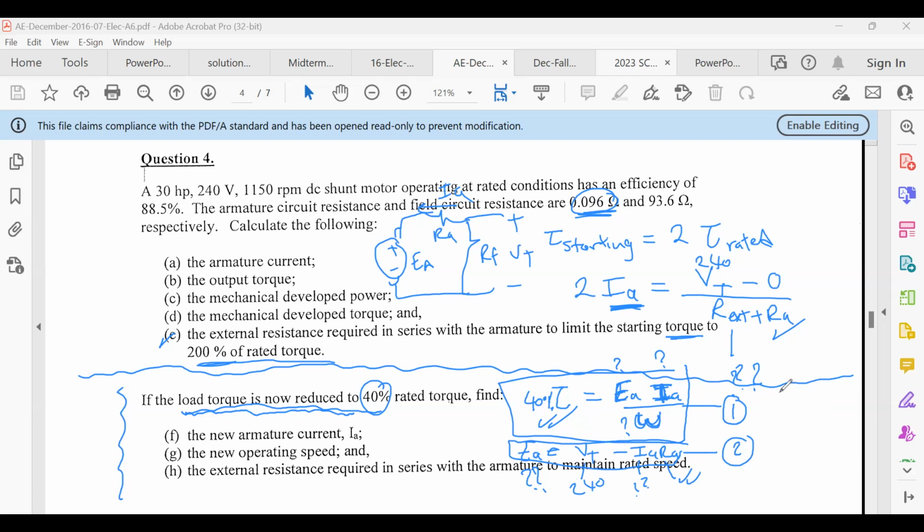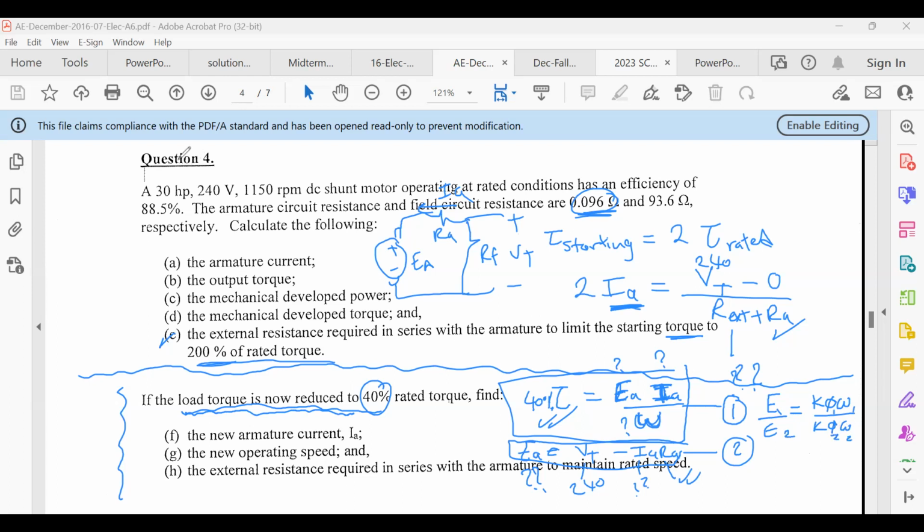The third one is that, as you remember from our session last time, E equals K phi times omega. And we do the ratio. What is the first case? We have two cases, 1 and 2.